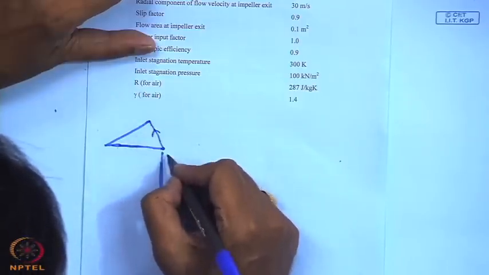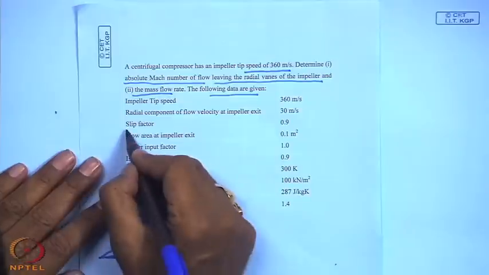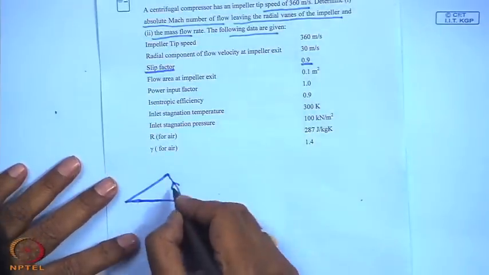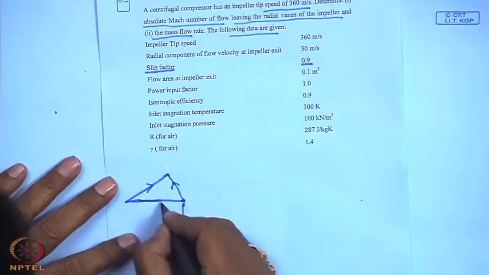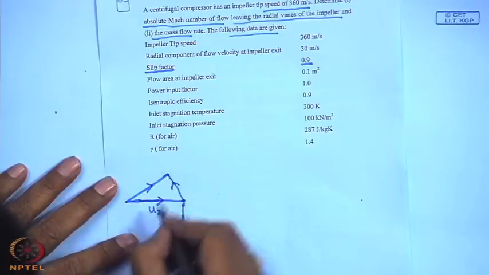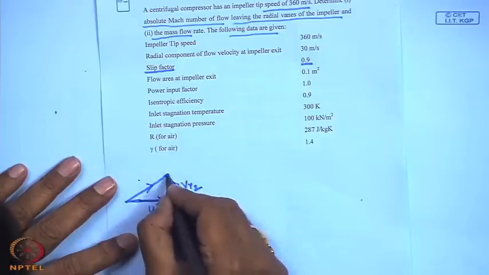Why am I not drawing the radial one? Here one thing is important, that slip factor is given 0.9. That means due to this slip what happens? We have this rotating in this direction, U2. So VR2 is not radial because there is a slip.